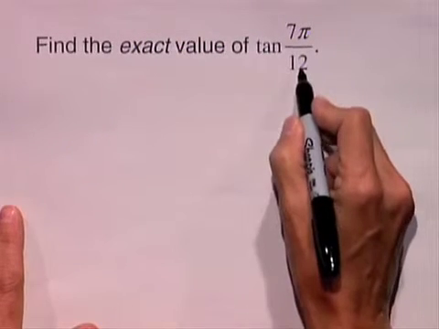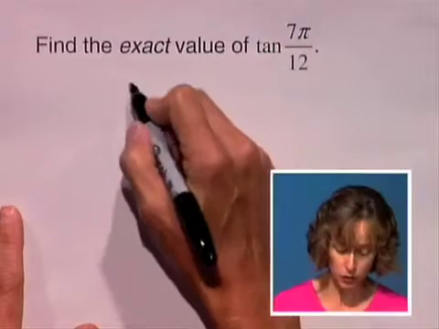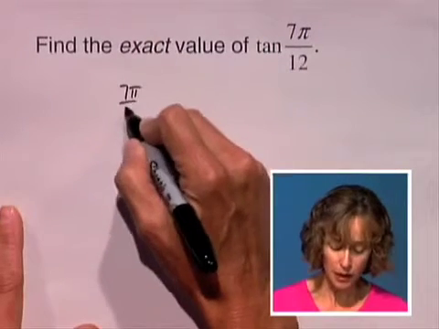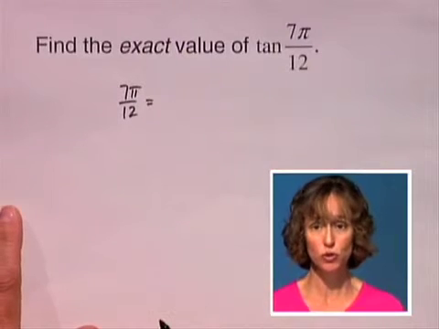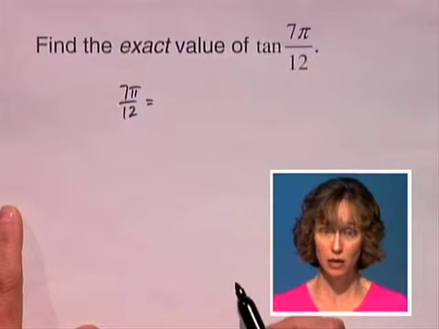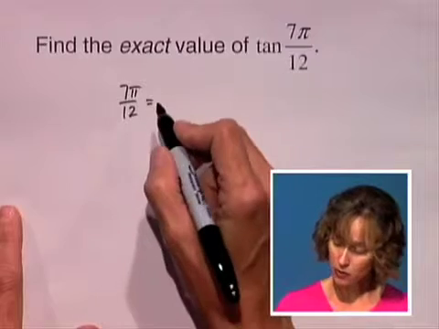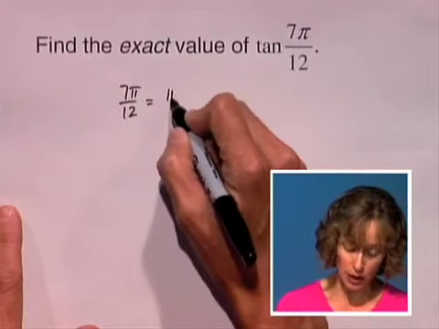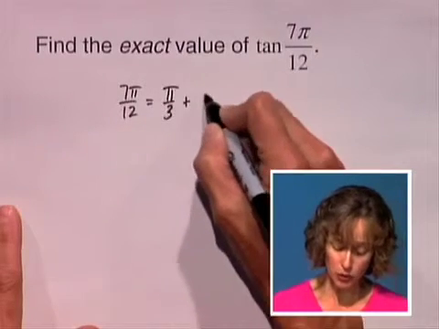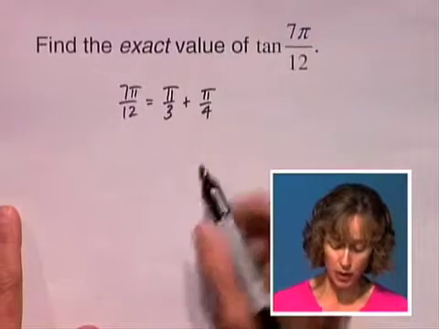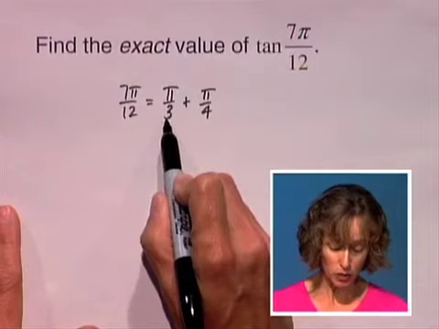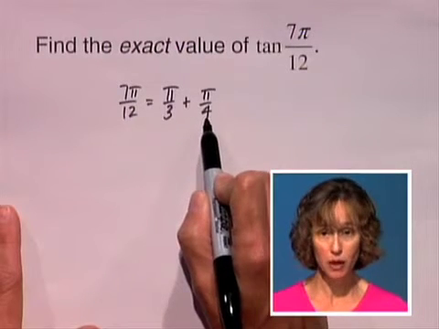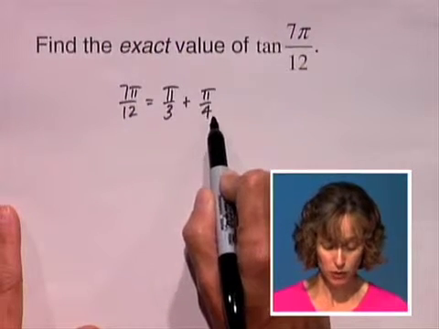pi over 12. So I have to take 7 pi over 12 and consider it to be a sum or difference of angles whose trig functions' exact values I know. Well, it turns out that 7 pi over 12 is pi over 3 plus pi over 4. In terms of pi over 12s, that's 4 pi over 12 plus 3 pi over 12, which is 7 pi over 12.